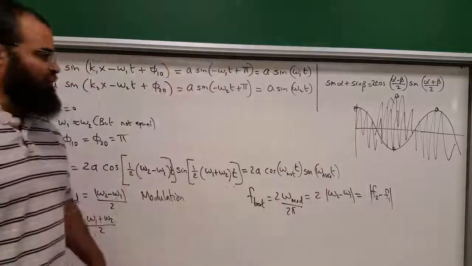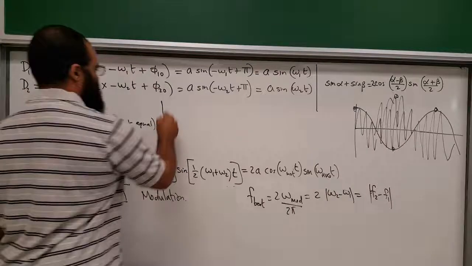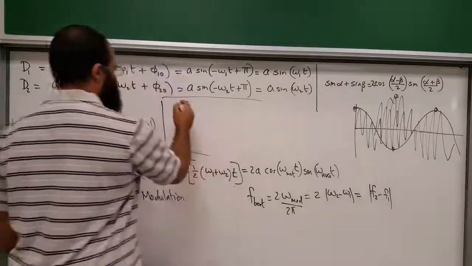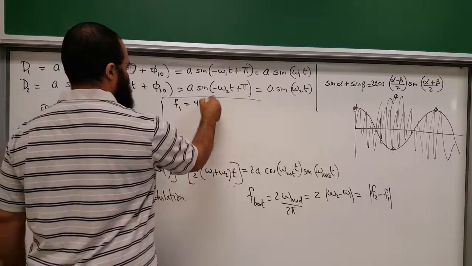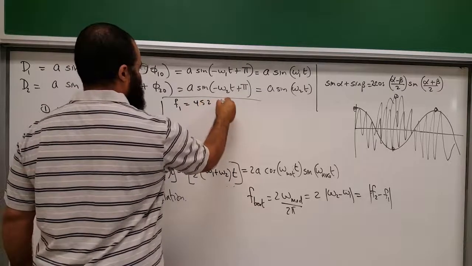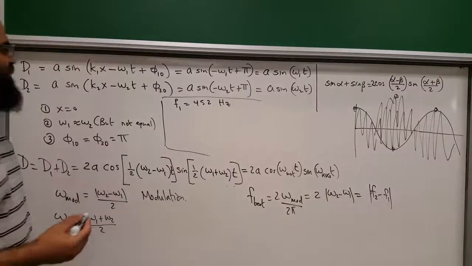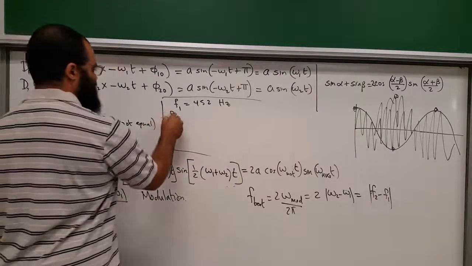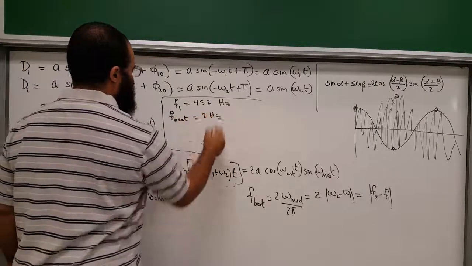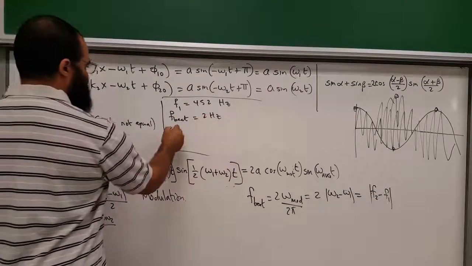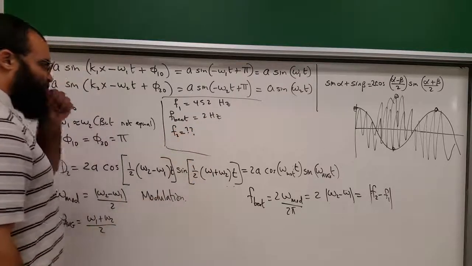So for example, let's say source 1 has frequency f1 equal to 452 hertz. And let's say you hear a beat frequency of 2 hertz. Then the question is, what should f2 be?